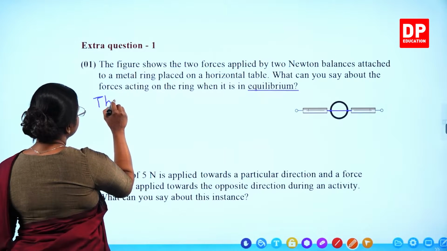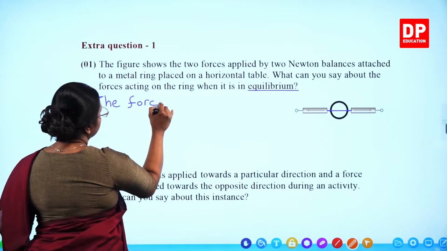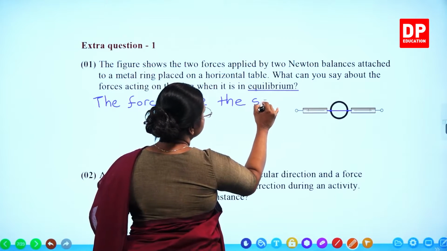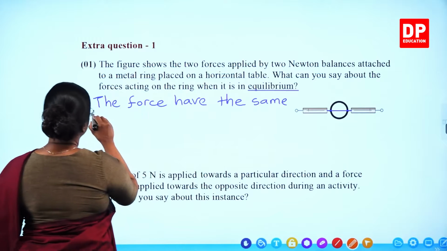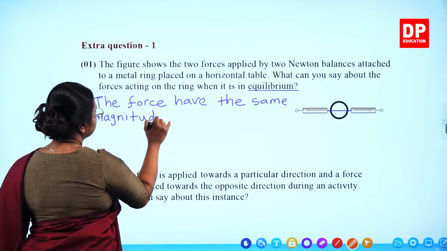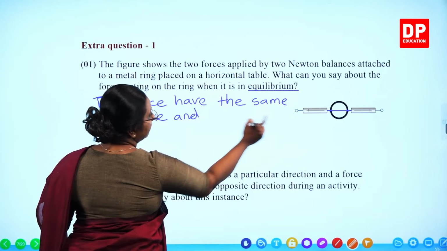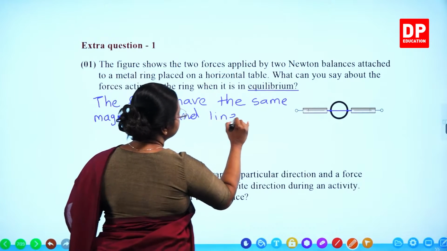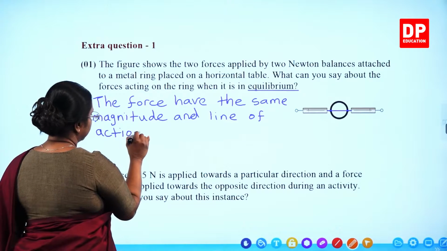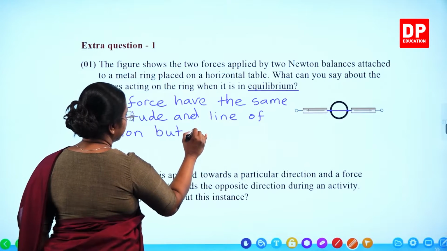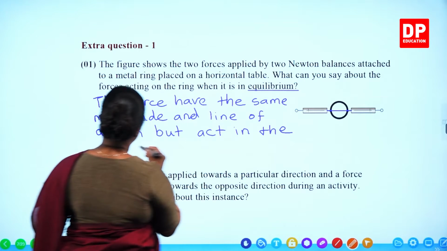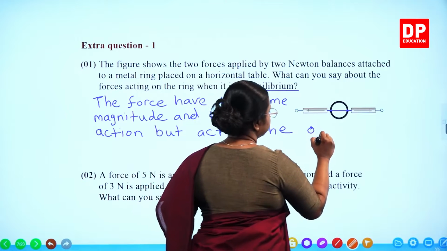The forces have the same magnitude and the same line of action, but act in the opposite direction.